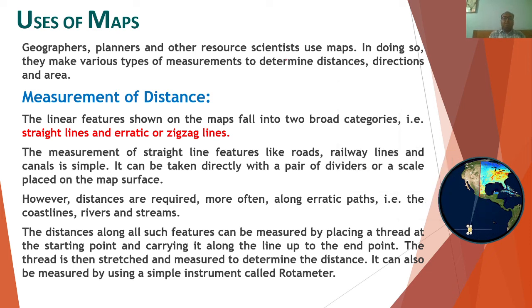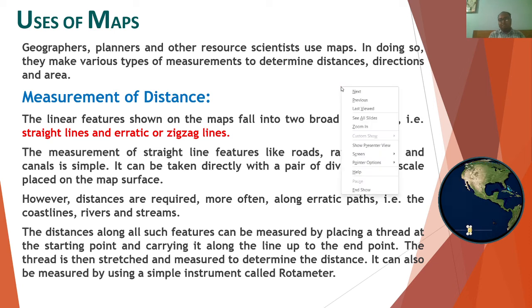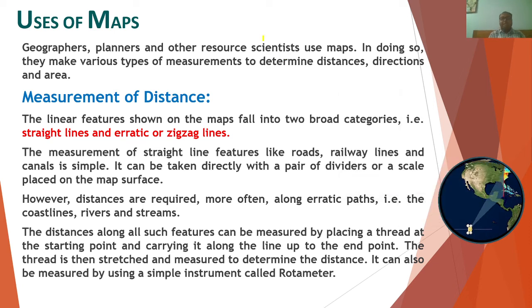Many geographers and scientists use maps in different ways. In doing so, they make various types of measurements to determine distance, direction, and area. So the three most important things in a map are distance, direction, and area.